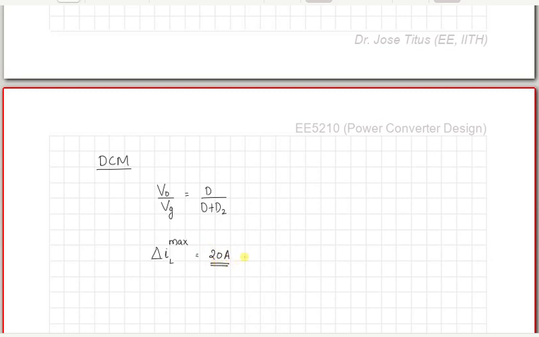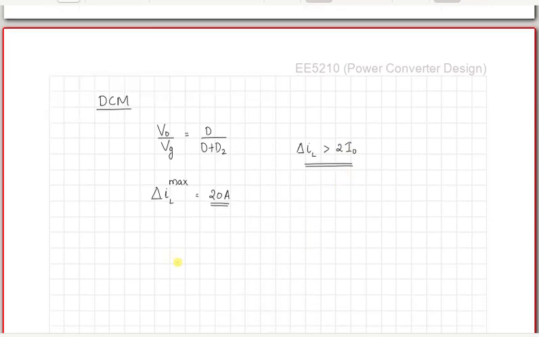As we have seen, the condition for DCM operation is that you should have a delta IL which is greater than 2 times the average current, right? Only under this condition you can say that the converter will be operating in discontinuous conduction mode. So we have here delta IL which is 20 amps, which is much greater than 2 times I0, which would be 12 amps. Okay, so having made this selection, let us see what we can do to calculate the L and C values.